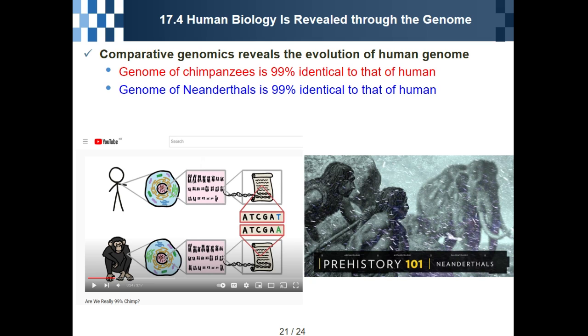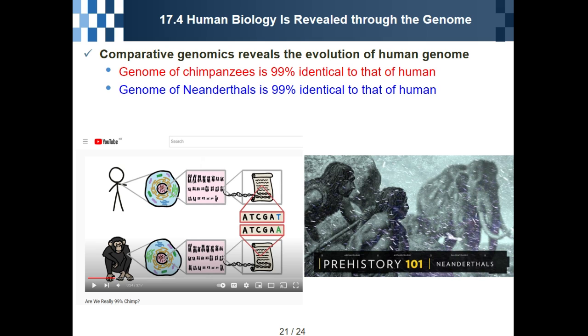How about a long time ago, there were Neanderthal people. We found their fossils, collected their bones, and did sequencing. We found that 99% is identical.